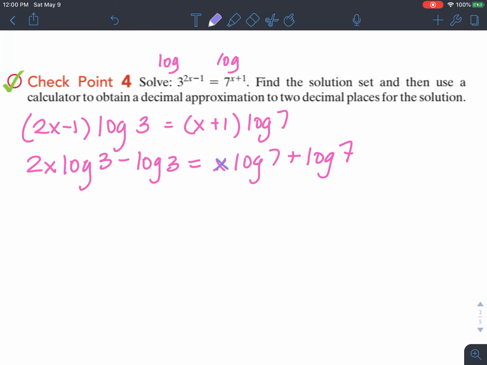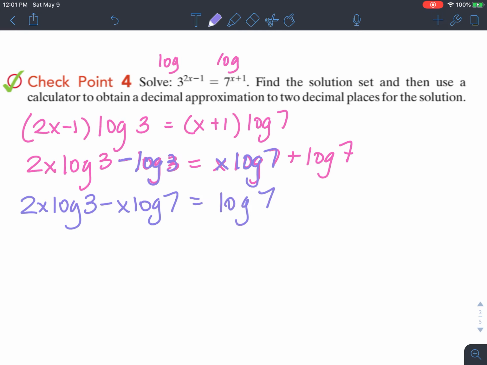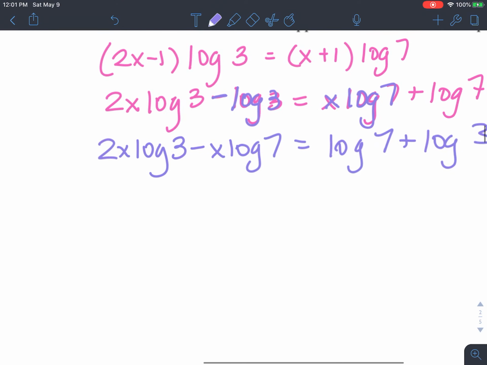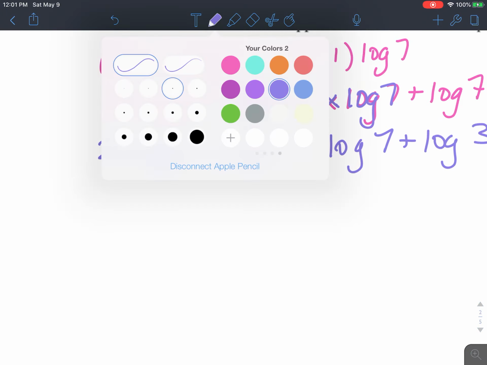So x log 7, I'm going to subtract to put on the left. And minus log 3, I'm going to add that and put it on the right. Okay. Now I'm going to factor out this x.